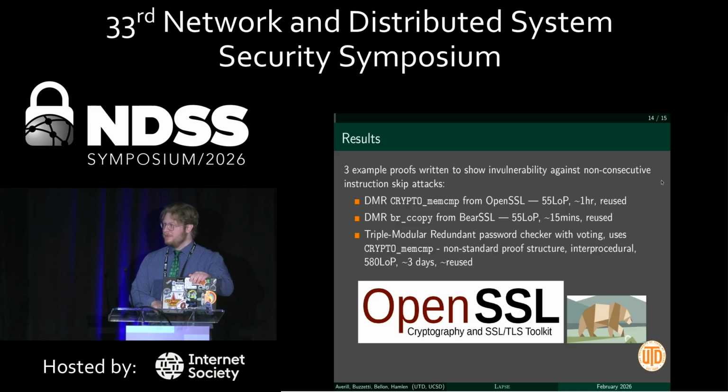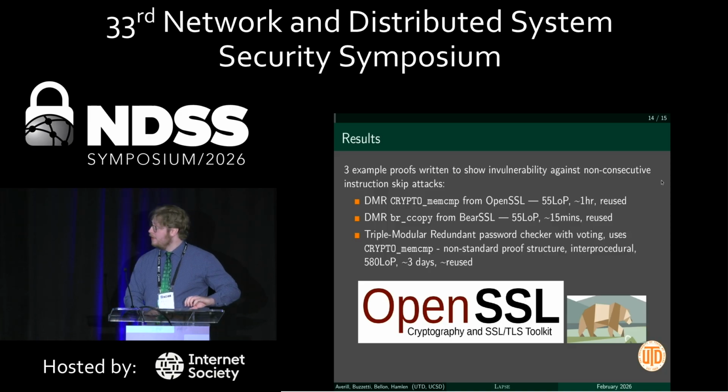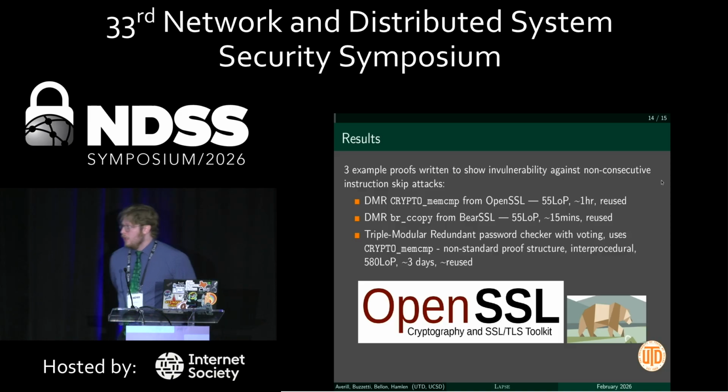Okay, we don't have time, but I still ask a question because I am the chair. Could you tell us a little bit about this example? Do they natively have protection, or do you add protection? And if yes, especially the first two. Yeah, so the first two, I pulled the C code straight out of OpenSSL and BearSSL, compiled with optimizations, and then manually performed this DMR transformation because I couldn't find a rewriter to do it.